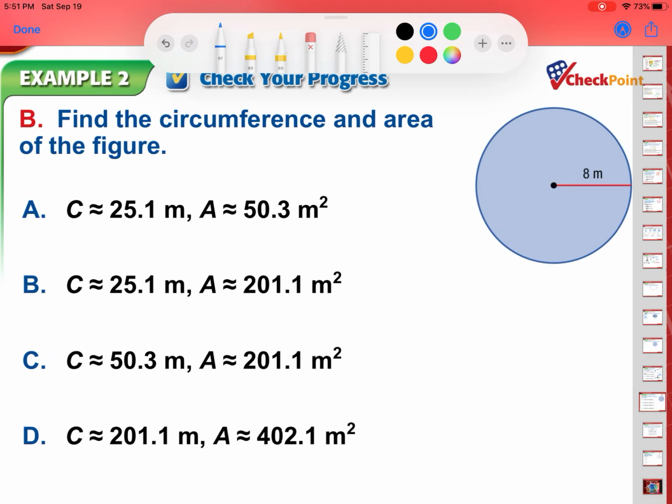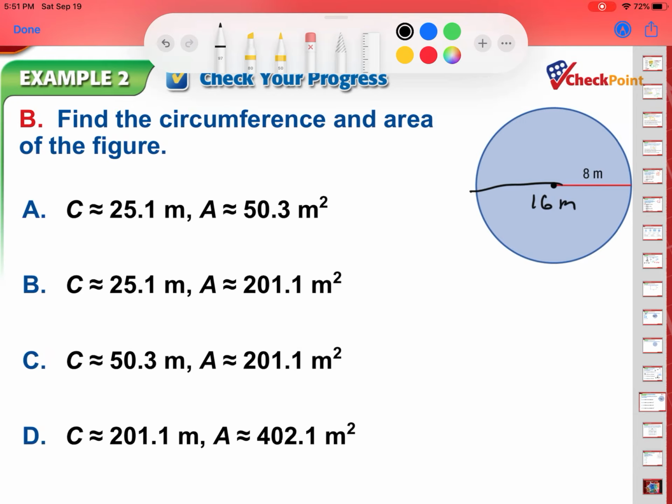So find the circumference and area of this figure. So our circumference, as we said, was going to be pi times our diameter, which is twice our radius. So our diameter is going to be 16 meters. And now they do actually want us to multiply out this times pi.